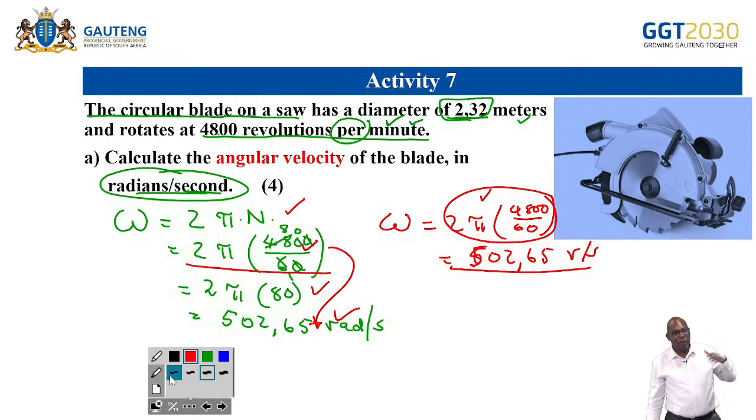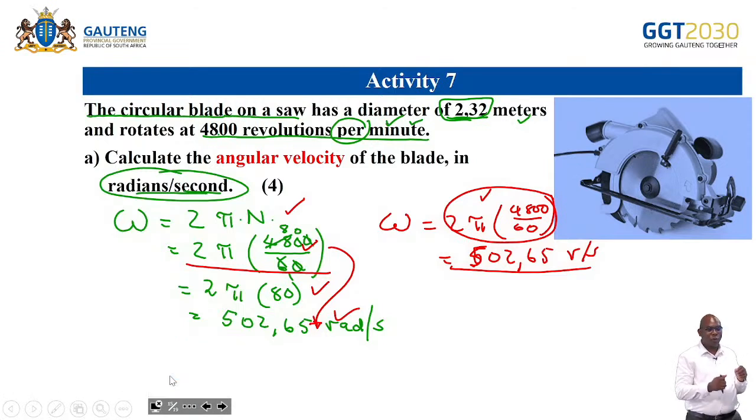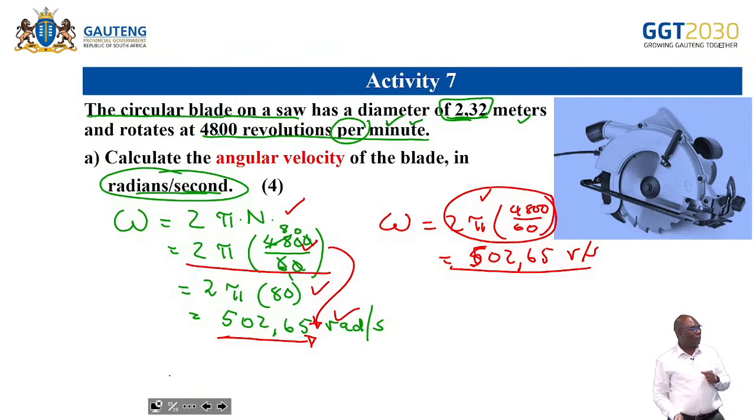But we want you to practice this by writing down the formula so that you understand which formula is for what. Then you substitute correctly, use your calculator correctly, and get to your final answer of 502.65. That is your angular velocity of the blade.